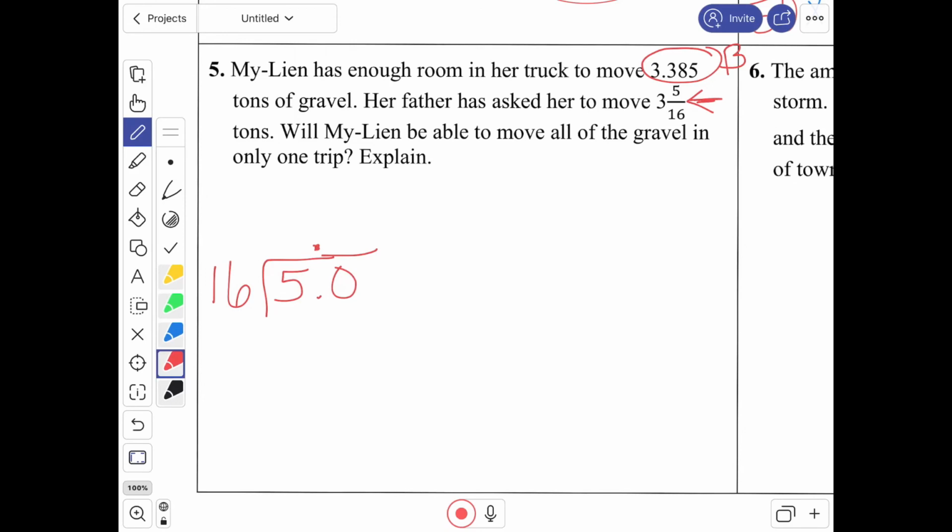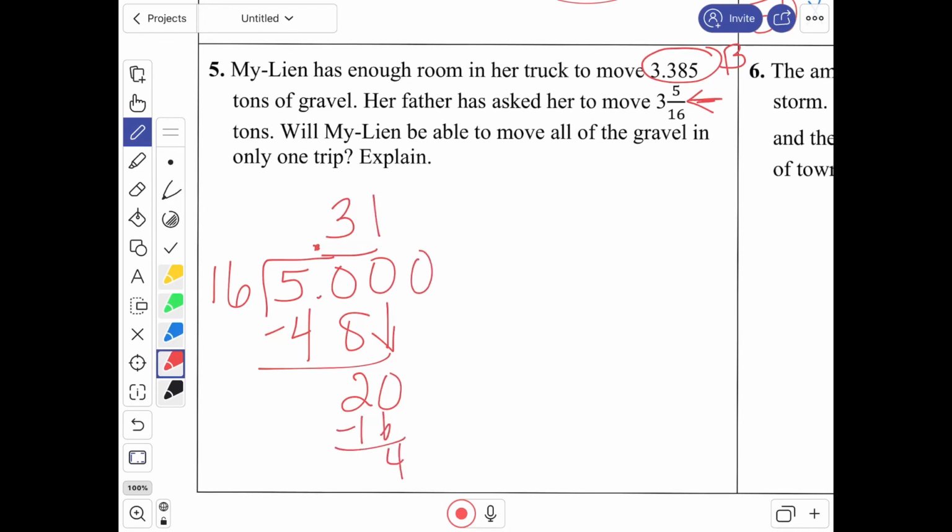So 16 goes into 50 3 times, and 3 times 16 is 48. 16 goes into 20 once. Another 0. You know what?